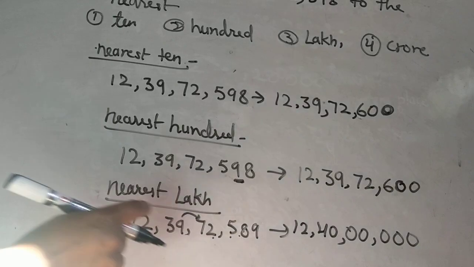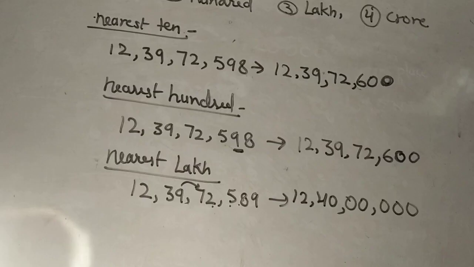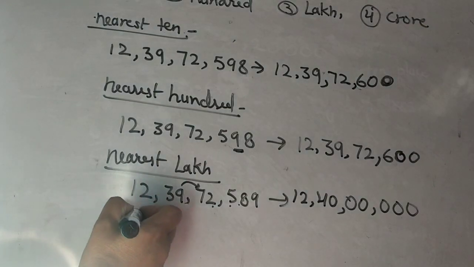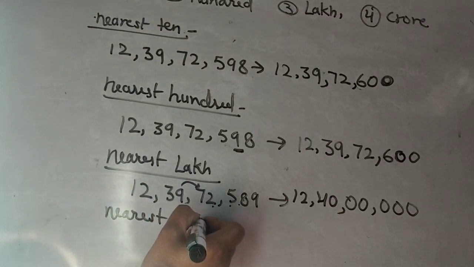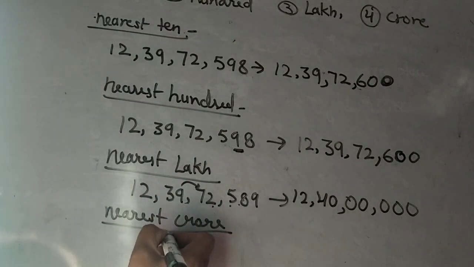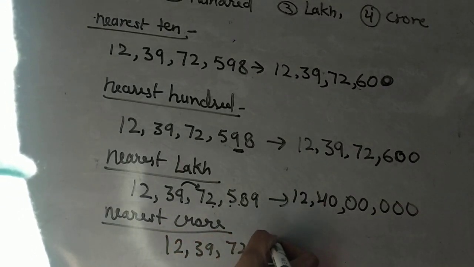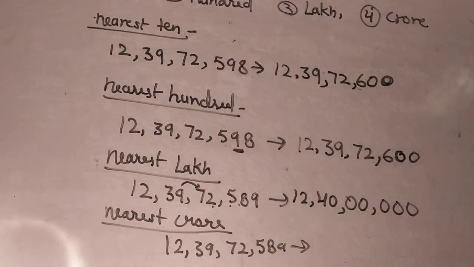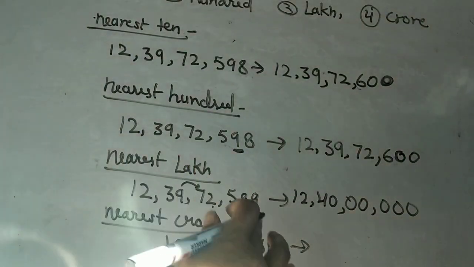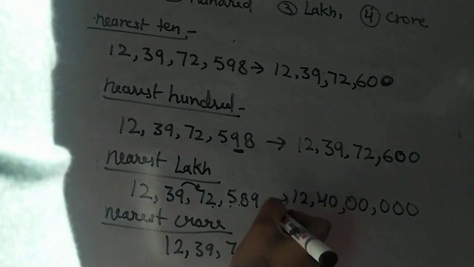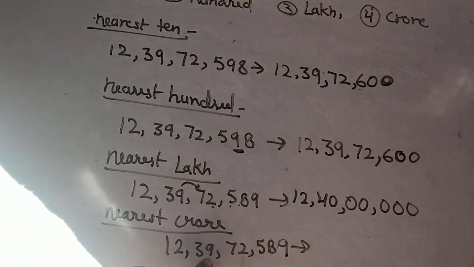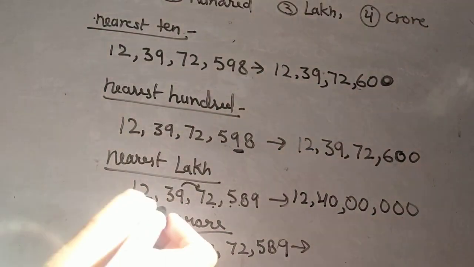Next, nearest crore. Lakh, 10 lakh, crore. Crore is 2.